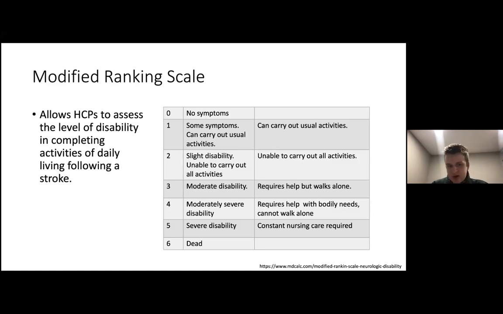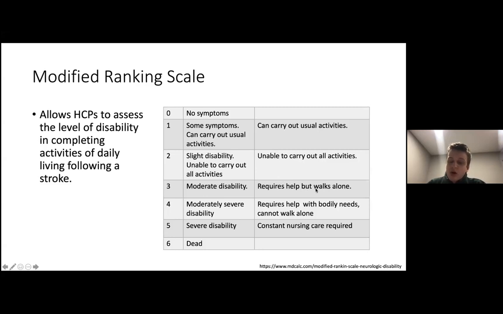And the majority of stroke patients fall somewhere within this. Up the top end, 5, a patient might require constant nursing care, not able to look after their own bodily needs.